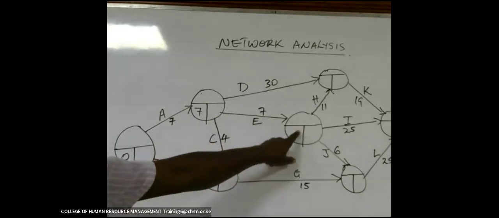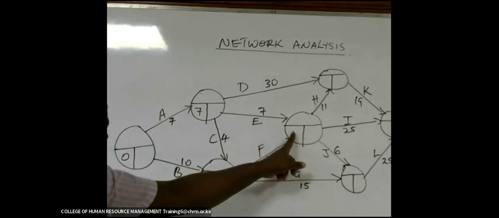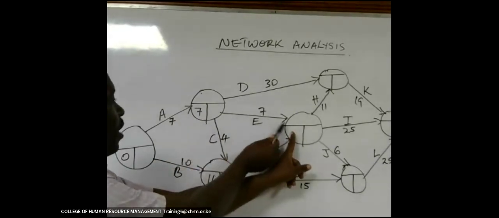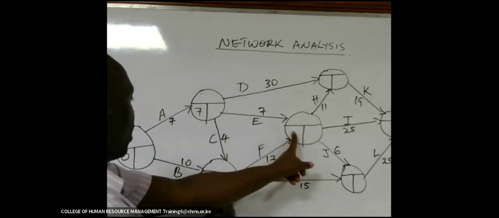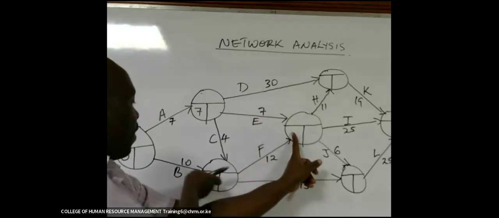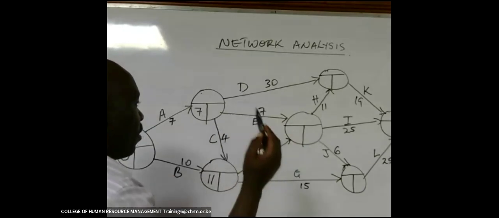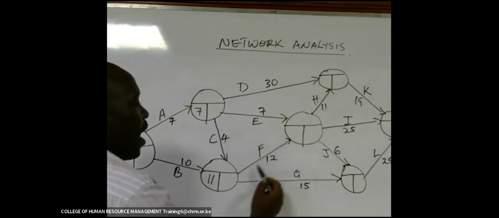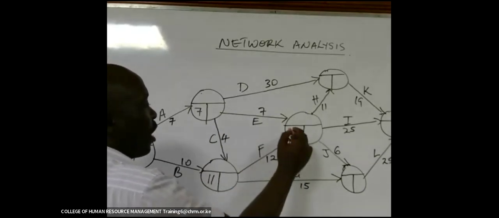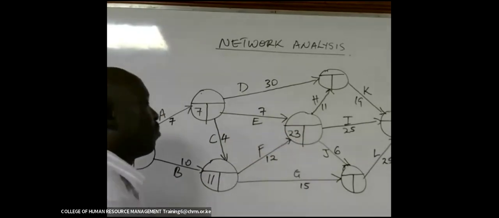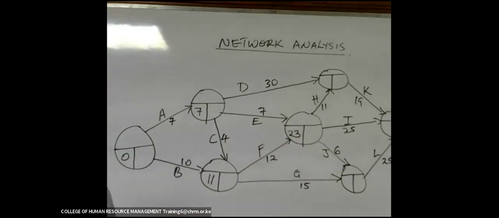To know the figure that we are going to put here, it is either 7 plus 7, or 11 plus 12. 11 plus 12 is 23. 7 plus 7 is 14. You take the higher figure, so we shall consider 23, the longer duration.